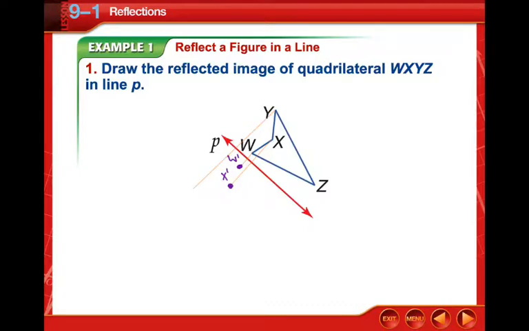Again, just kind of estimating the best you can for y prime. And then the last one at z prime. Again, you want to be perpendicular and as far on one side as you are on the other. The best you can. It's not a perfect science with this, unless you're actually physically measuring the distances.